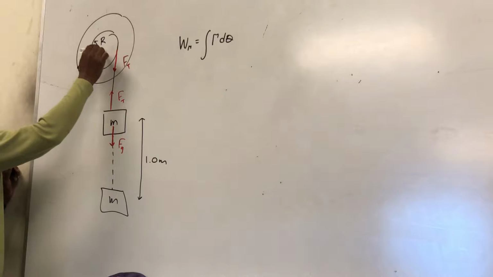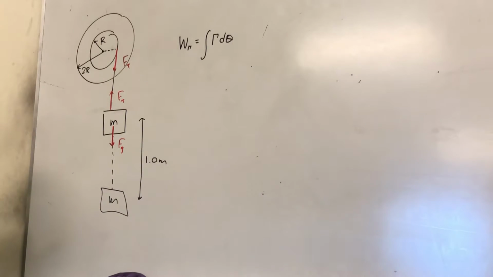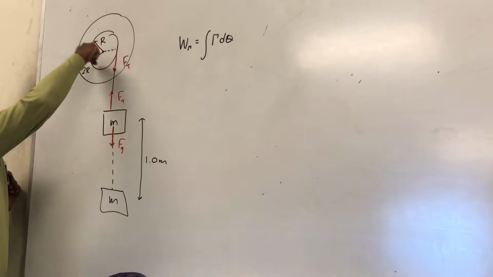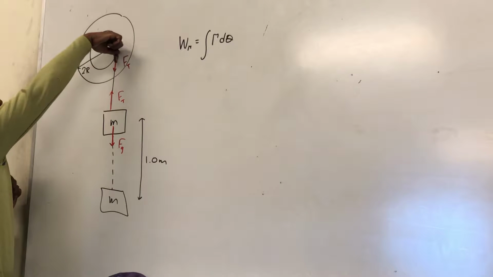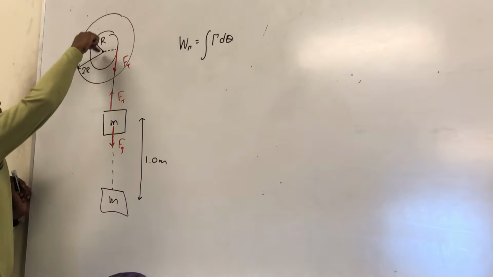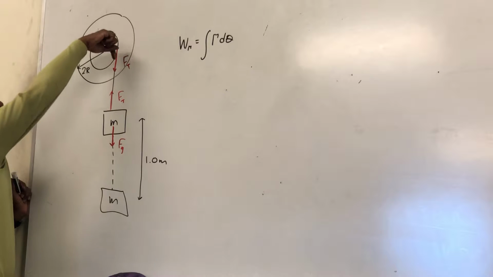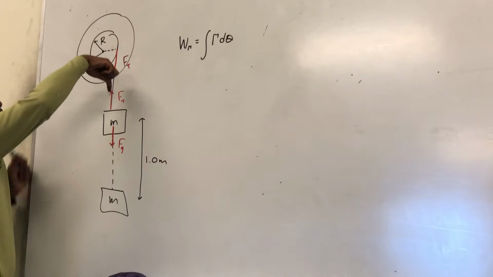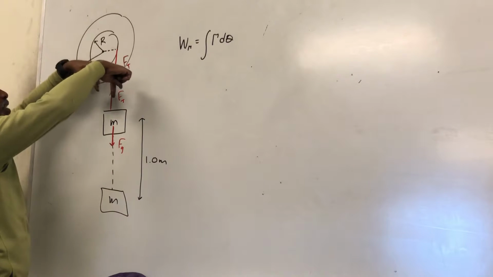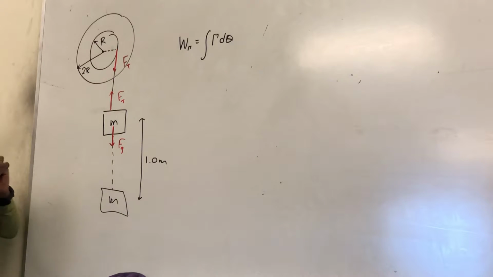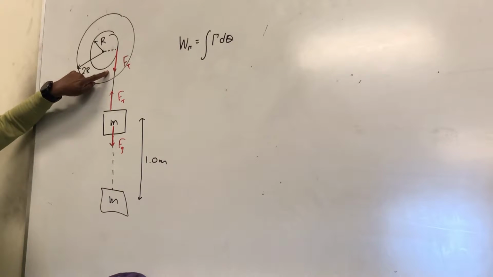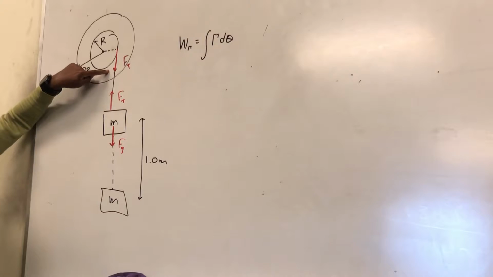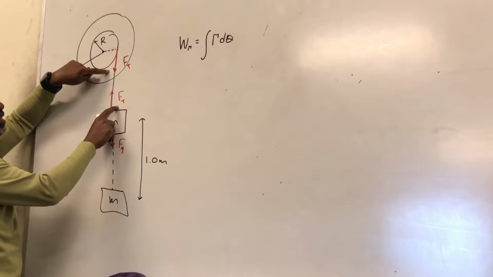Tension is a torque on this disk, causing this disk to speed up. So what's happening here is this disk is rotating clockwise, tension is clockwise. So you can think of the rotation and tension kind of being in the same direction. So here the work done by tension is positive. Here the work done by tension is negative.